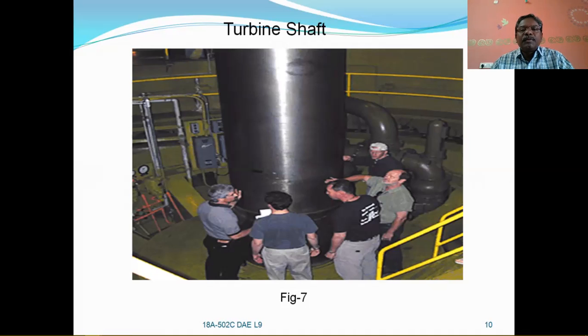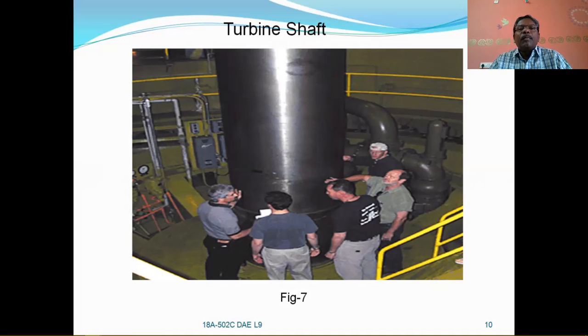This power can be transmitted to the electrical generator. So from the turbine, the shaft is used to transmit power to the electrical generator, and we mount the moving blades over the shaft.